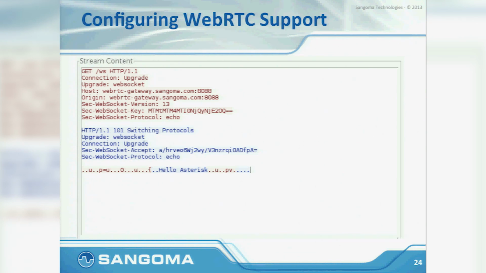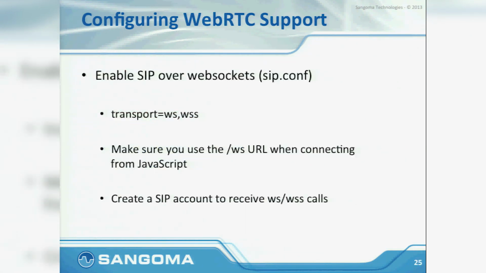After you verify that you have your WebSockets connection working, now you want to go to the higher layer, which is SIP. You want to go to sip.conf and enable the WebSockets transport, right? It's just like any other transport that Asterisk supports. You just have to put it in the transport keyword.